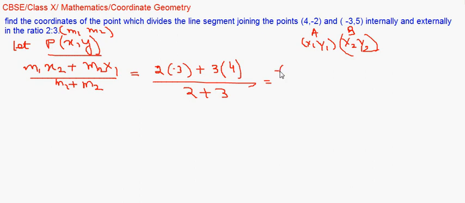That's minus 6 plus 12 by 5. It is 6 by 5. So the x coordinate of the point P is 6 by 5.